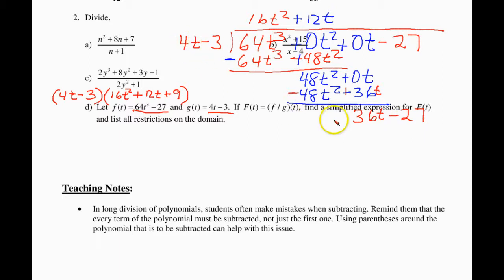Now, 4t goes into there 9 times. 4t times 9 is 36t. 3 times 9 is a negative 27.